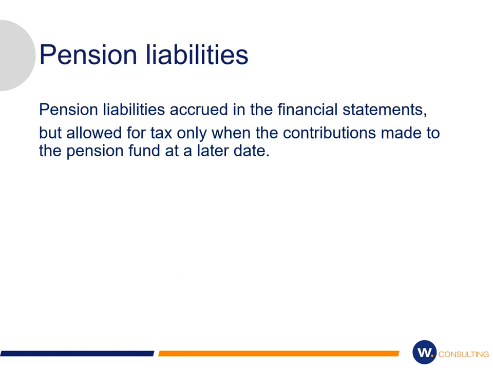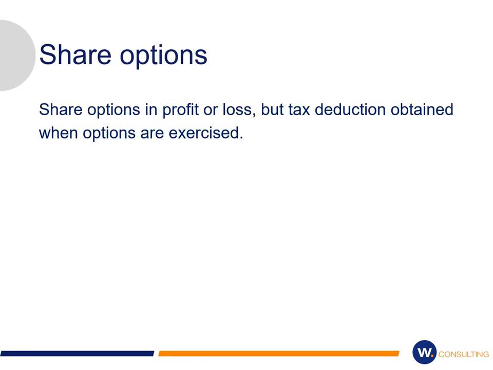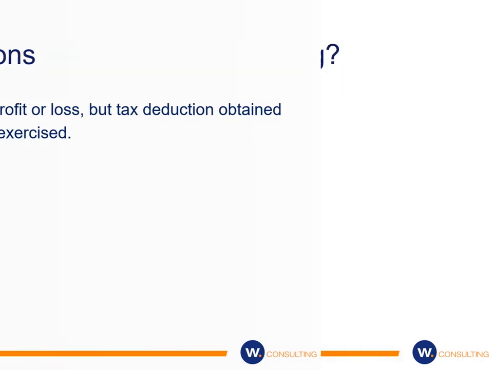What about pension liabilities? Pension liabilities are accrued in the financial statements but allowed for tax when the contribution is made to the pension fund at a later date. If we look at share options, then share options are included in profit or loss, but tax deduction is obtained when options are exercised.